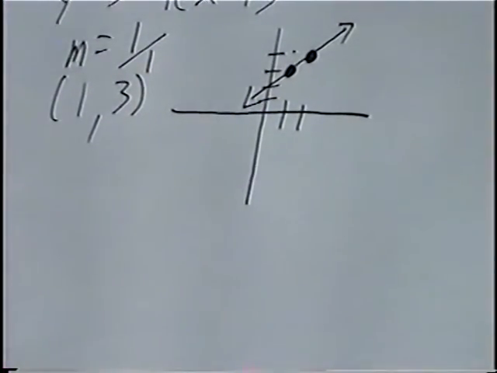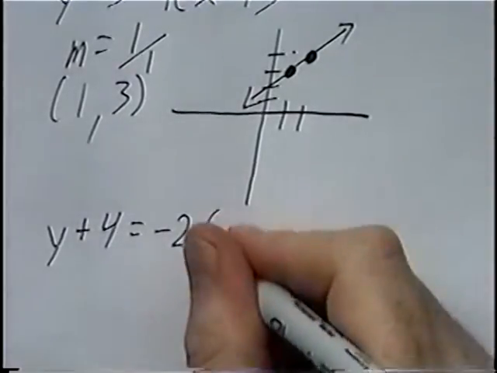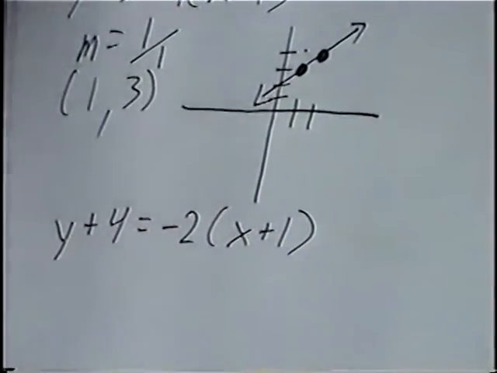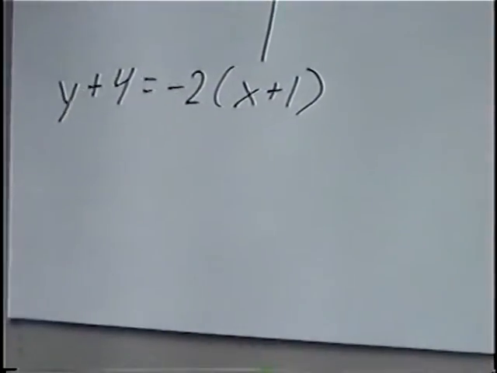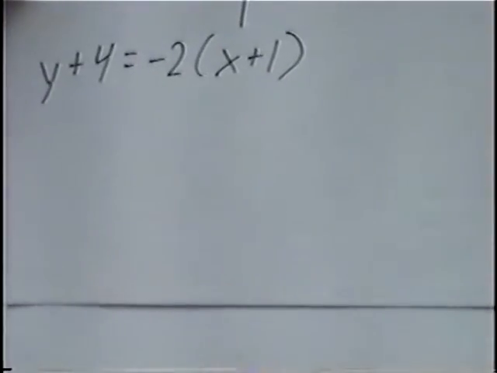And last equation for the section, y plus 4 equals -2 times x plus 1. Again, in point slope form, we can take the equation and figure out the slope as well as the point.